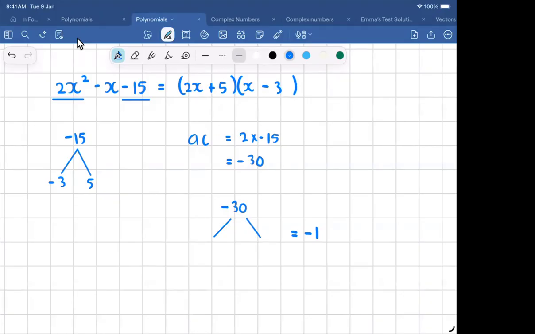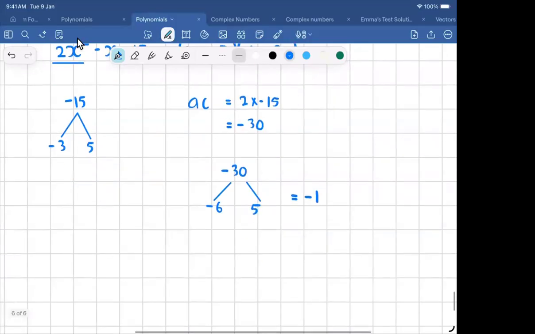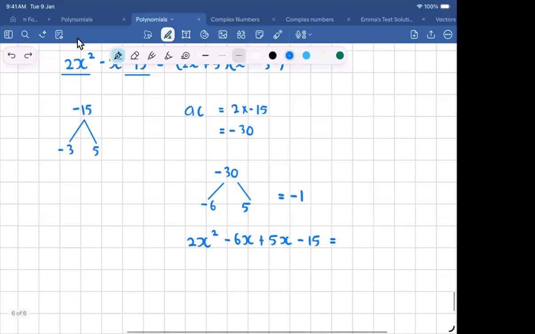So you said minus 6 and 5? Yeah. Okay. So if that's the case, we could rewrite that as 2x squared minus 6x plus 5x minus 15 equal to 0.